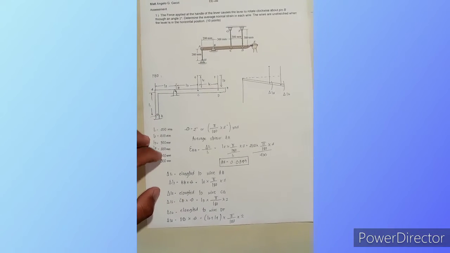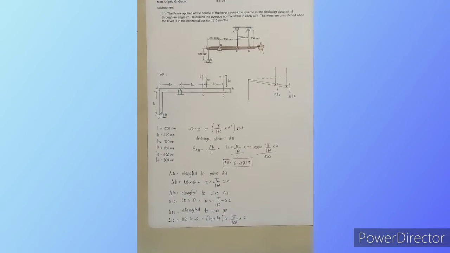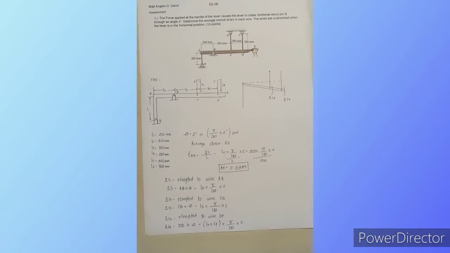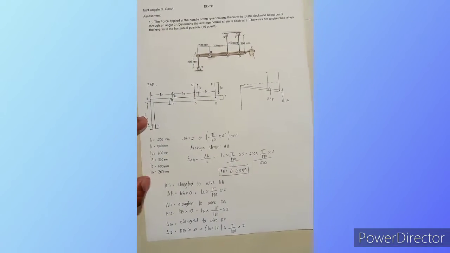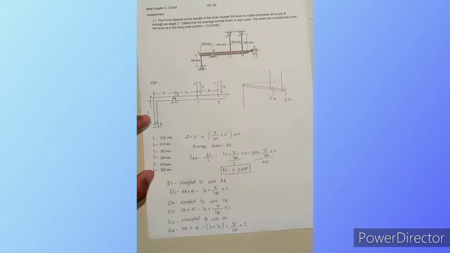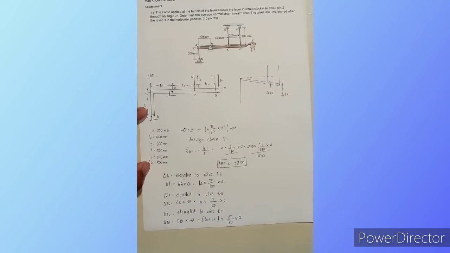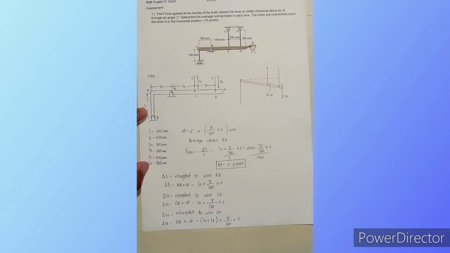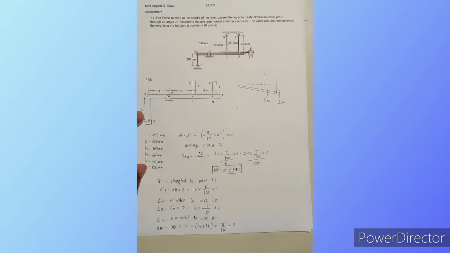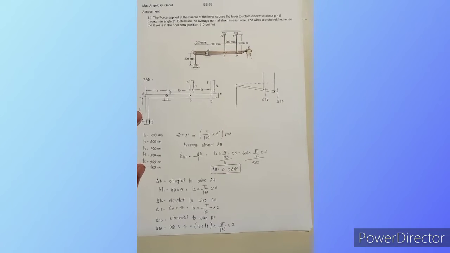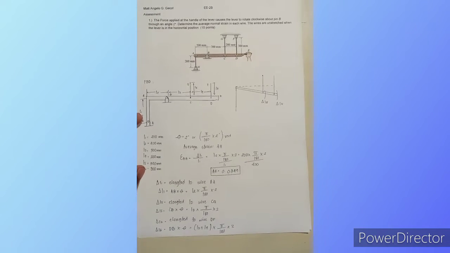So, getting the average strain at AH, delta L1 all over L1 is equal to L2 times pi all over 180 times 2 all over L1, which is 200 times pi all over 180 times 2 all over 200.